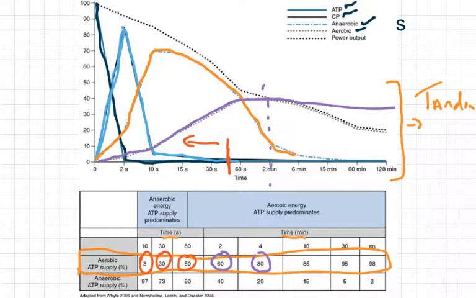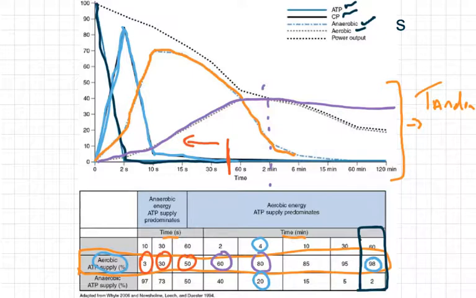However, if we look at the phosphocreatine and the glycolytic pathways, there's still about 25% of ATP being produced at minute 4. And if we go here at minute 60, if not longer, ATP production is roughly 98% from the aerobic pathway here.